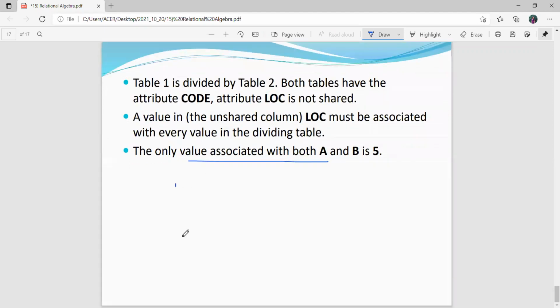So I'm going to give you another example. This is T1, T2. Field 1, field 2.